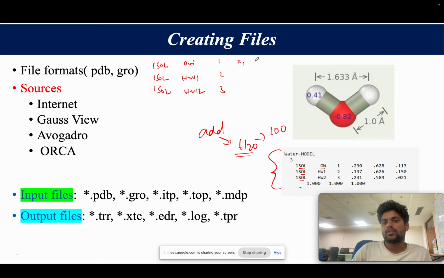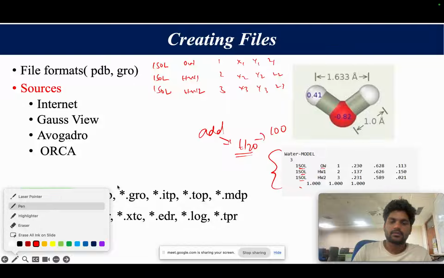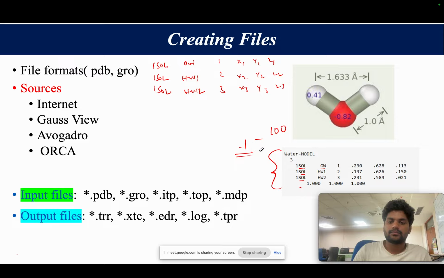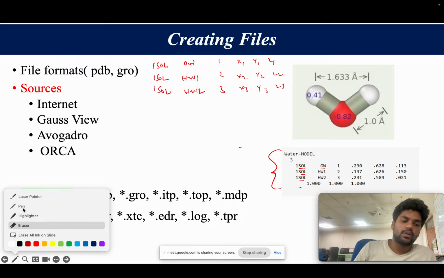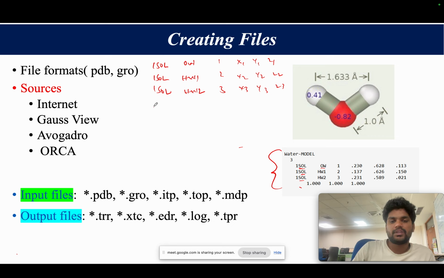So this is x1, y1, z1, x2, y2, z2, x3, y3, z3. Now if you are adding, say, about 100 molecules, for now I am just keeping it as 5 molecules. So if I want to add more molecules, how does it add? It will add down below it. But here the numbering will be changed.